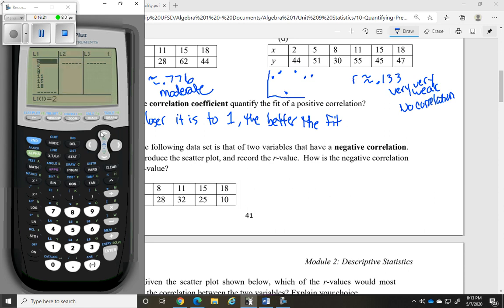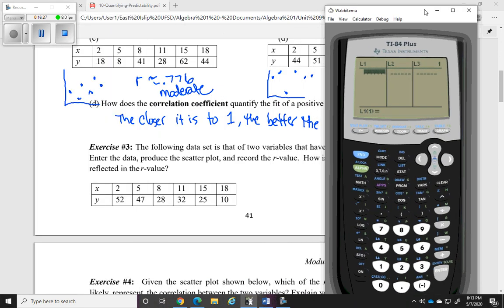Remember, clear, don't delete. Oh, you know what? I didn't have to clear the X value. I see it really is still the same as before.